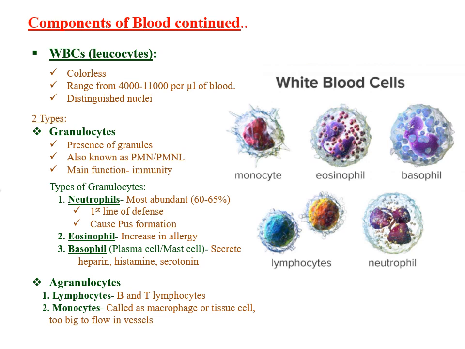The second category, agranulocytes. Agranulocytes or non-granulocytes are also known as mononuclear leukocytes due to the presence of one nucleus in them, and they are noted by the absence of granules in their cytoplasm. That means there are no granules in their cytoplasm.